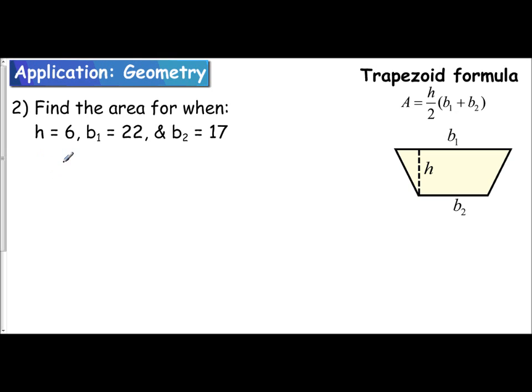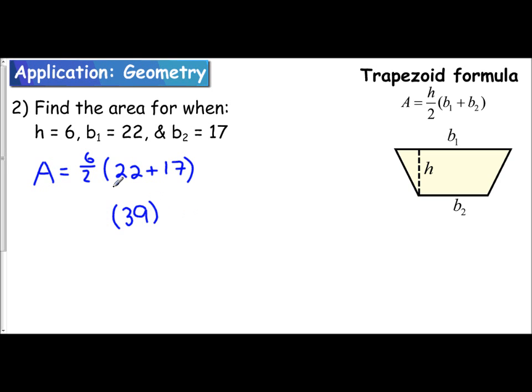So same idea. We're going to find the area. It's just like working with a variable expression. We're going to plug in what we know. H is 6, B1 is 22, and B2 is 17. So order of operations says work inside your parentheses first, your grouping symbols first. So 22 and 17 is 39.